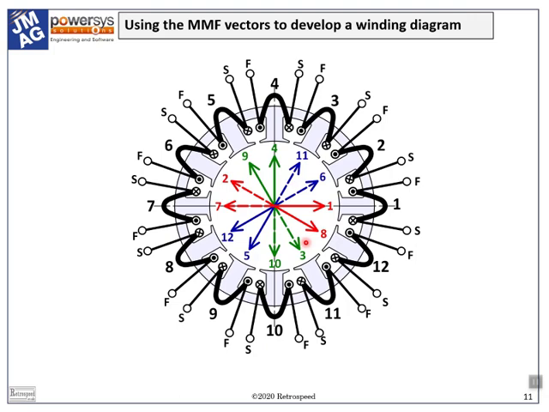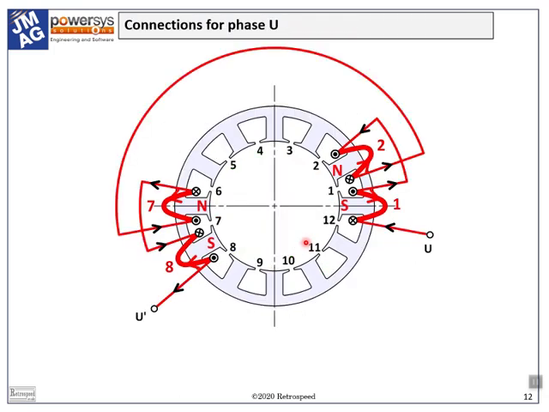All that remains to do is to make the drawings. So here we have the drawing connections for phase U. Coil 1 in series with 2 reversed, so it's 1 minus 2, and then minus 7 and 8.